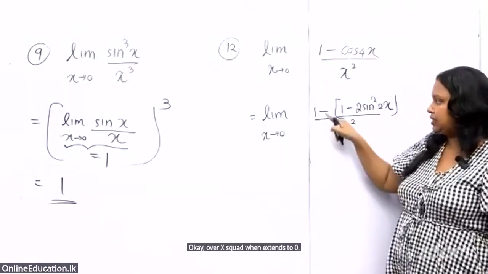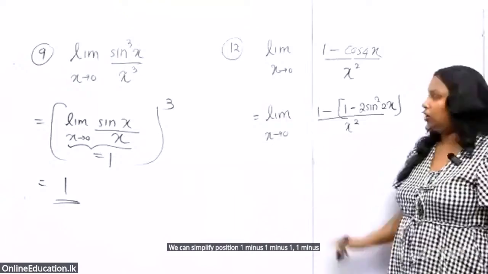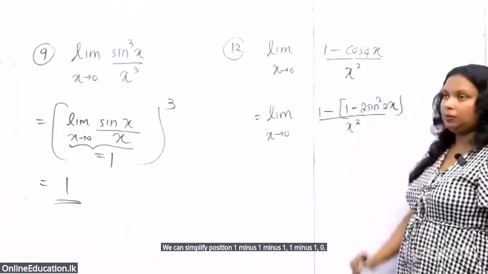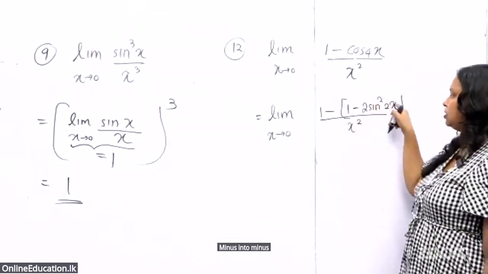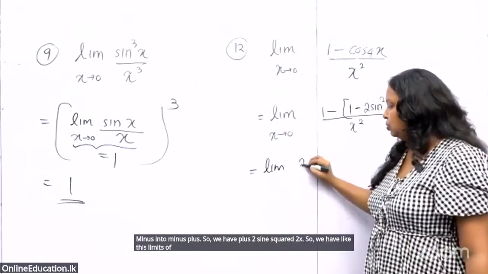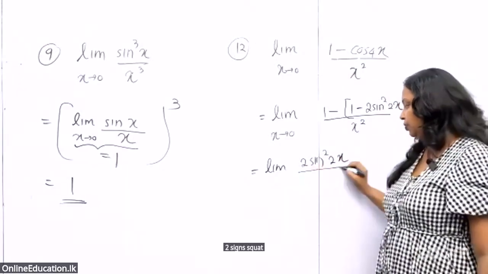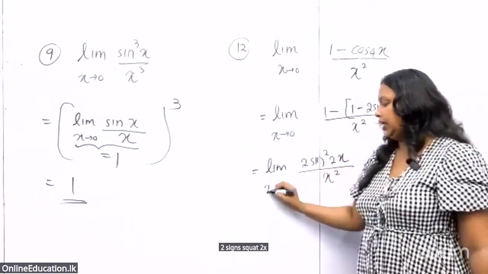We can simplify this. 1 minus 1 is 0. Minus into minus is plus, so we have plus 2 sin squared 2x. So we have limit of 2 sin squared 2x over x squared when x tends to 0.